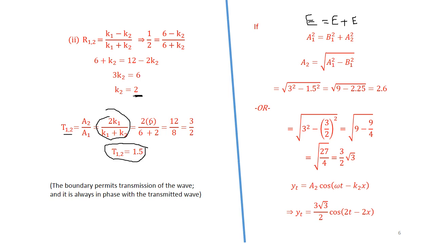So that's why you have this expression for the amplitude of the transmitted wave. So here's the formula. You have this expression. Now you solve, you have 2.6.